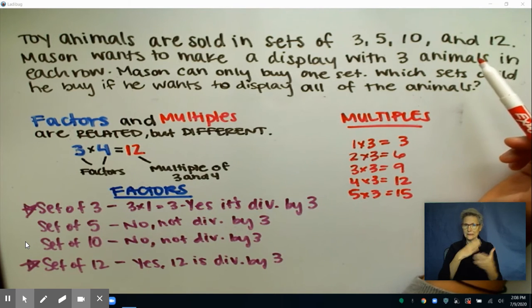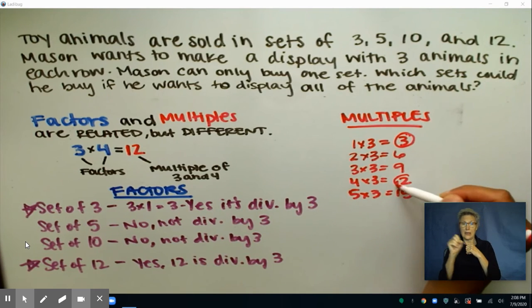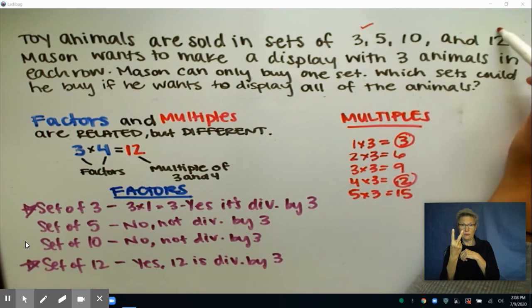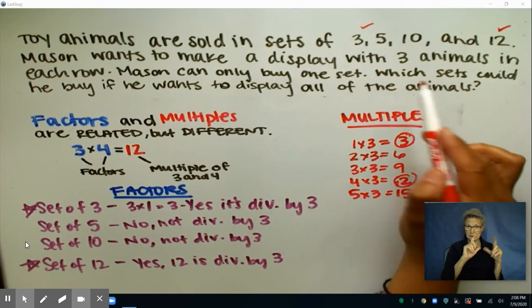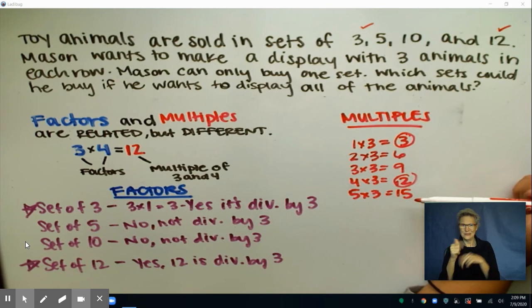Now I'm going to look at my multiples, and I see that both 3 and 12, which are options for our sets, are multiples of 3. I don't see 5 or 10 anywhere on this list here as a multiple of 3, so I know those are not options.